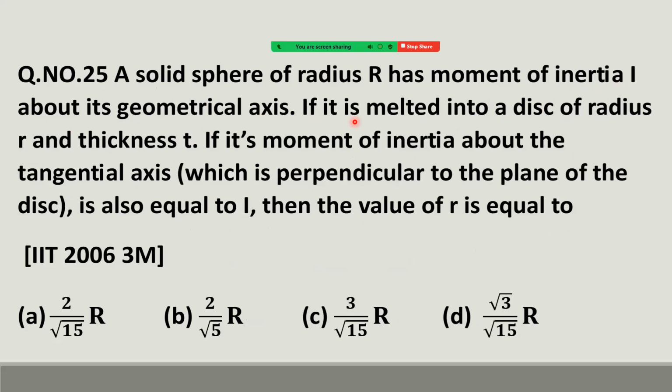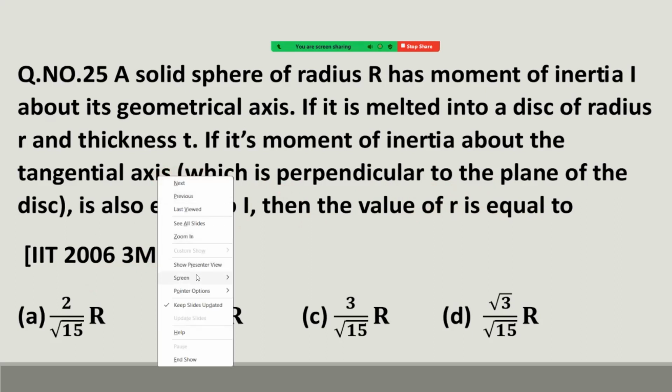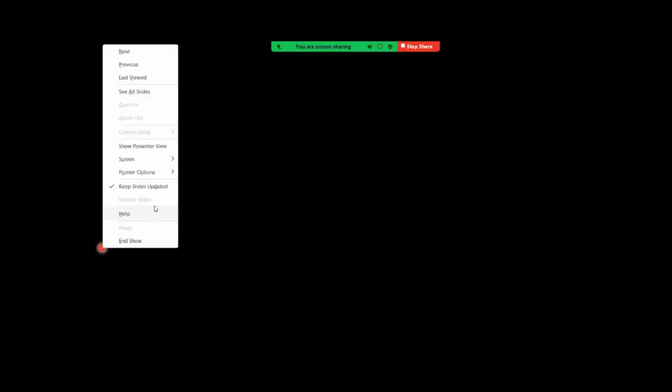If it is melted into a disk of radius small r and thickness d, and its moment of inertia about the tangential axis, which is perpendicular to the plane of the disk, is also equal to I, then the value of r is equal to. This was asked for 3 marks and is a very simple question. Just see the condition given.